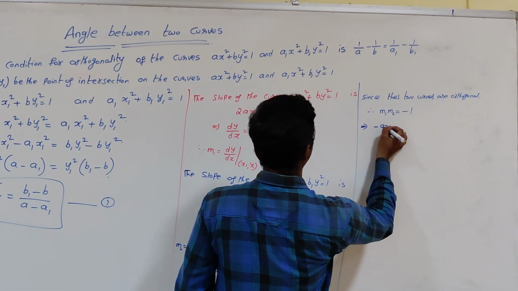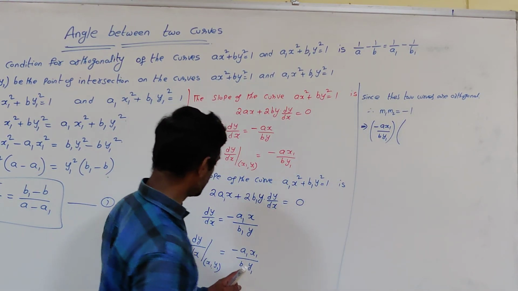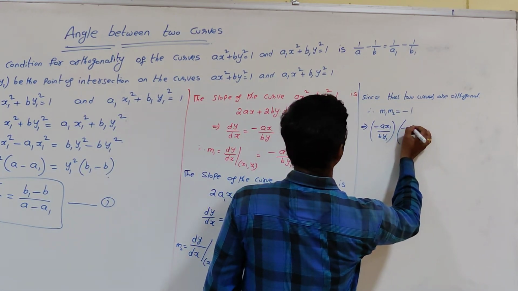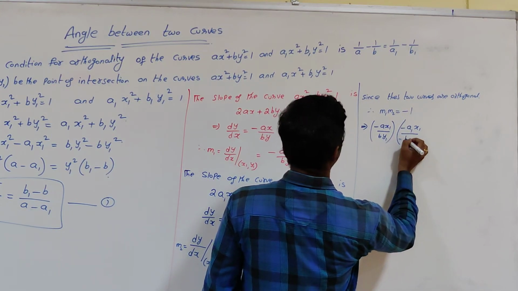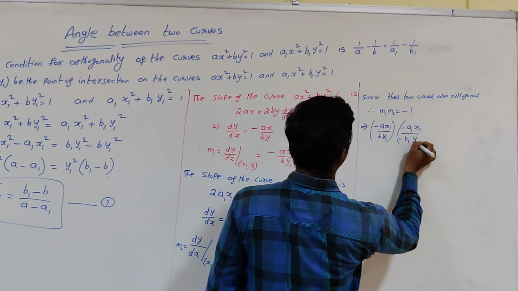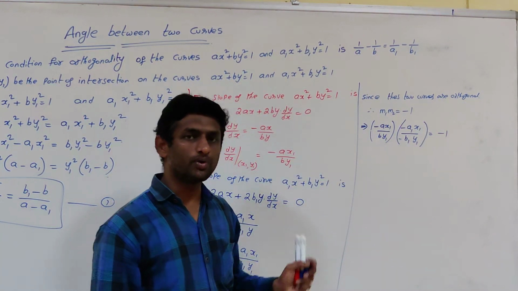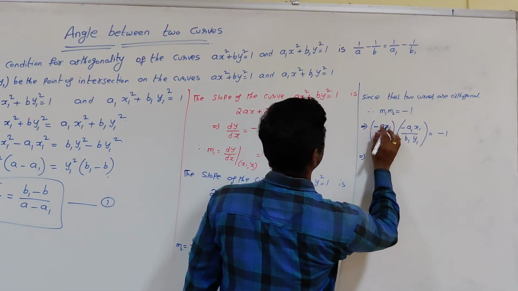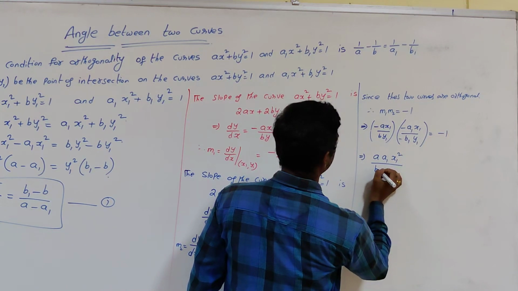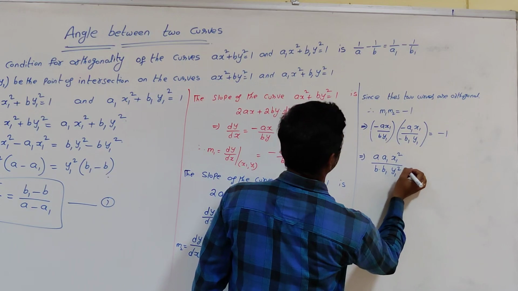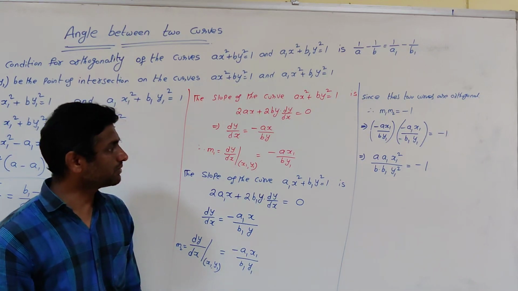Minus ax1 by by1 into m2. What is m2? Minus a1x1 by b1y1 is equal to minus 1. So minus into minus becomes positive, so it will be a into a1 x1² by b into b1 y1² is equal to minus 1. Minus into minus becomes plus, and on the right hand side it will be minus 1.